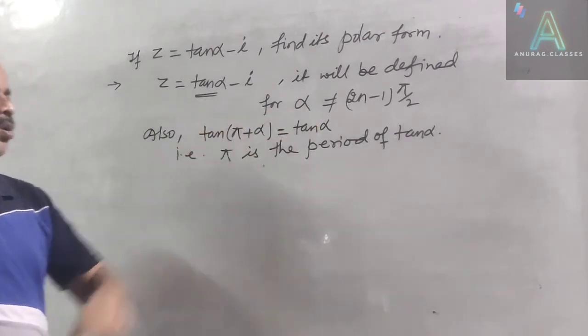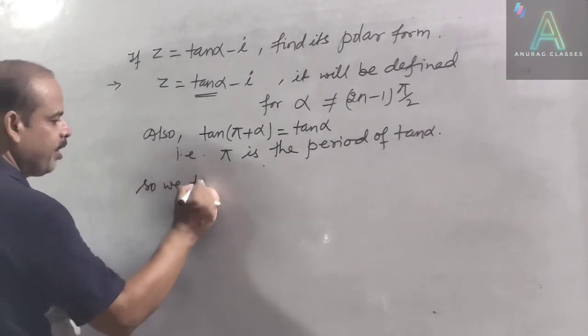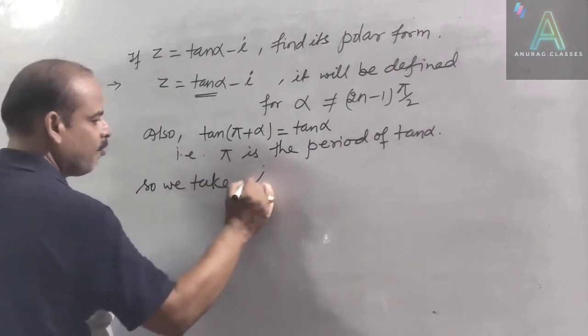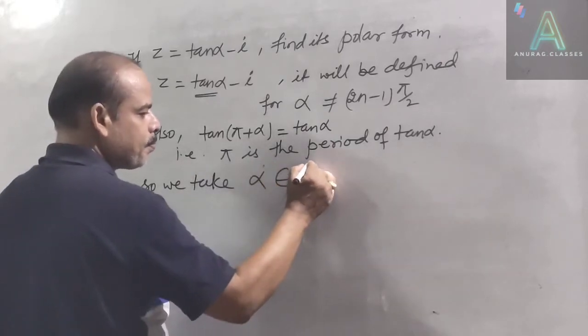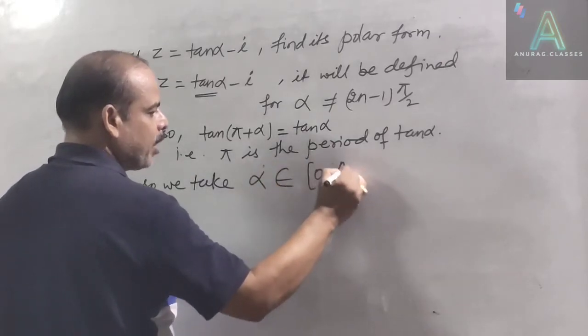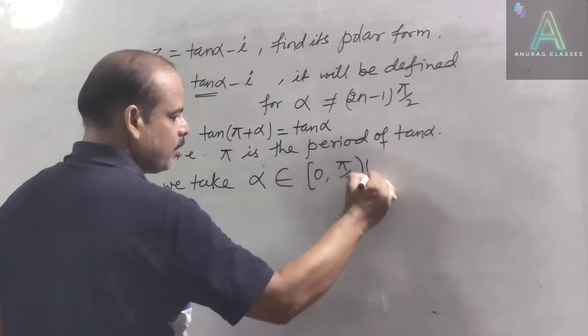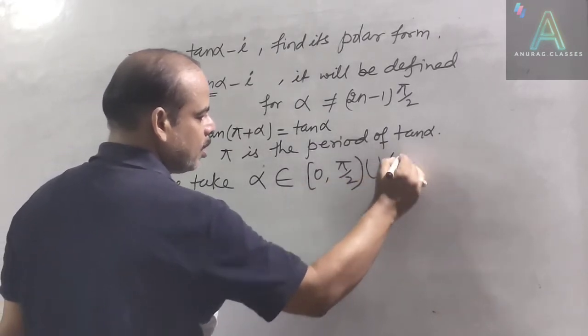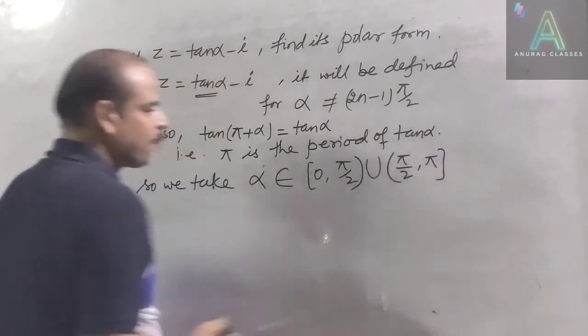So pi is the period of tan alpha. So we take alpha as alpha belongs to 0 to pi by 2, pi by 2 is not included, so exclude it, union pi by 2 to pi.